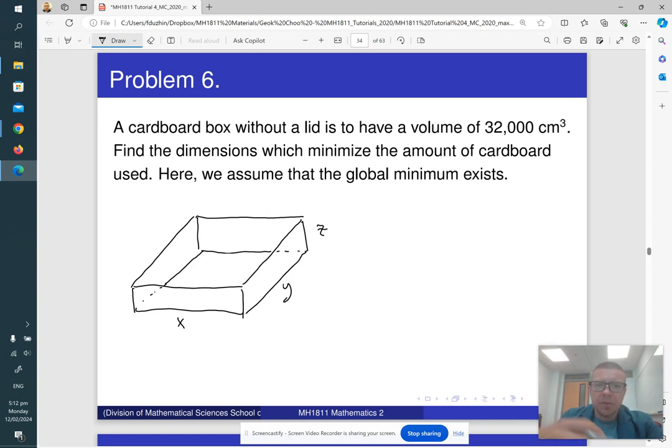Now, the question is to minimize the amount of cardboard, which means that it's the area of these 5 rectangles. The first one, the second one, and so on. Right.